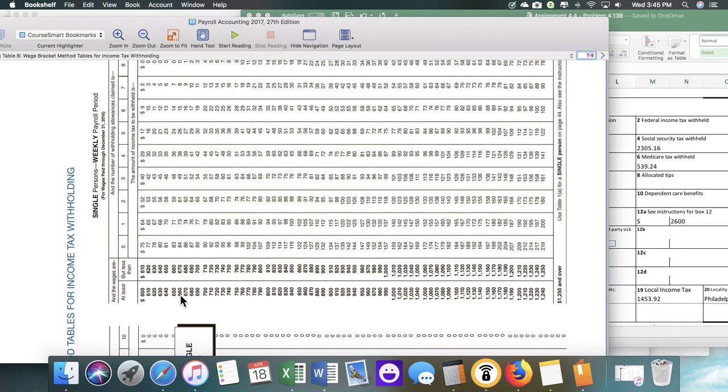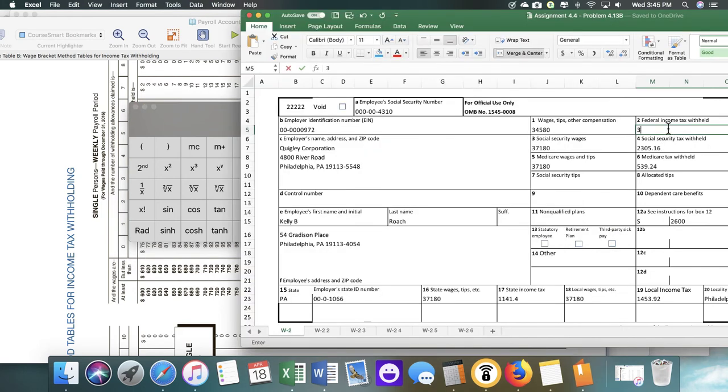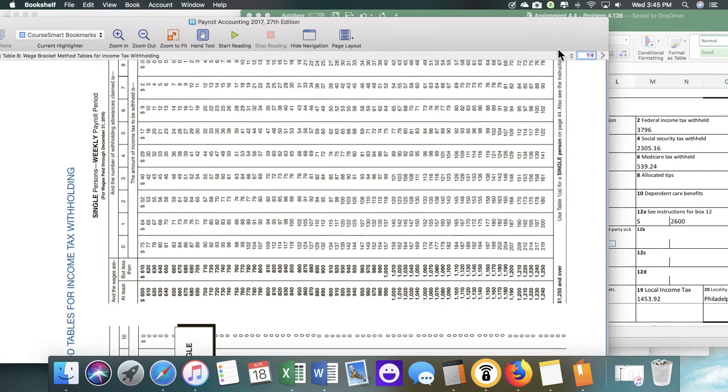So 660, but not more than 670, is $73 a week for federal income tax. So 73 times 52 gives us $3,796. And so that is how you would complete her tax form.